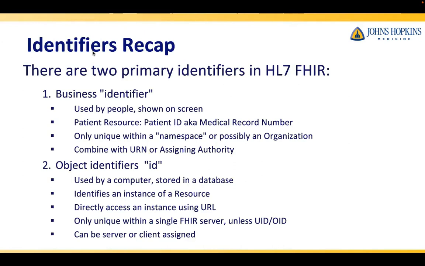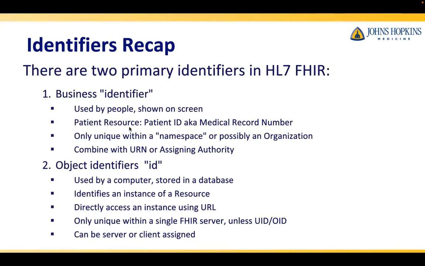All right, let's do a quick recap. There are two primary identifiers in HL7. There's the business identifier, which is the element name identifier, and there's an object or instance identifier with the element name ID. Let's talk about business identifiers again. They're used by people. They're often shown on a computer screen like an EHR or an ultrasound system.